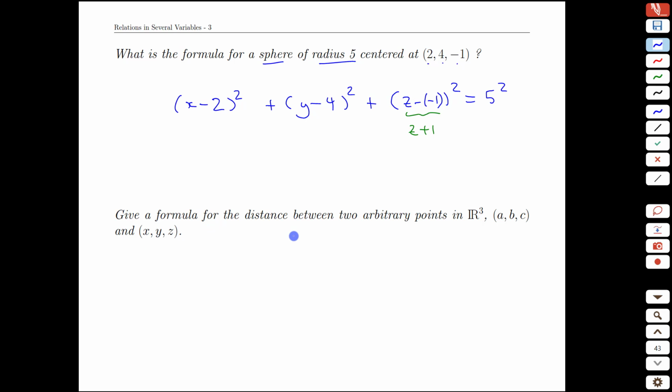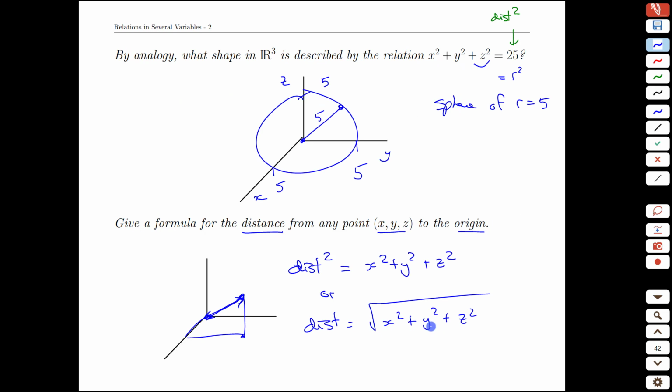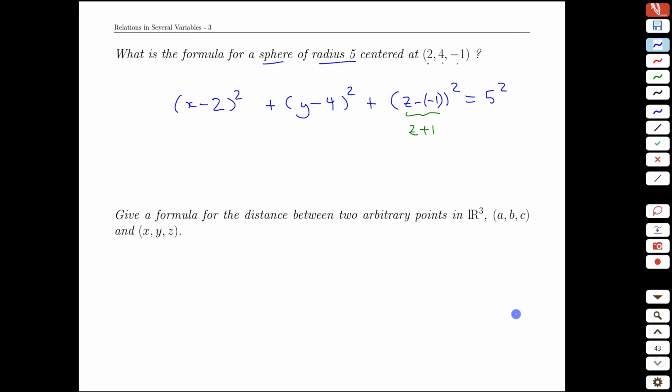We can also extend our earlier distance formula here to apply to a distance not between just a point x, y, z and the origin, but x, y, z and some other point, let's call it a, b, c. So if we have our x, y, z point, and we have our a, b, c point, then what we would measure is how far they are in x, how far they are in y, and then how far they are in z.